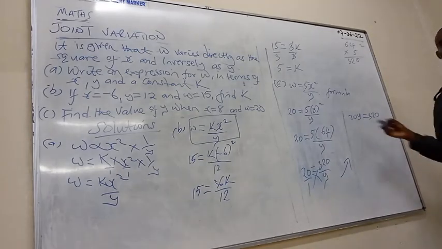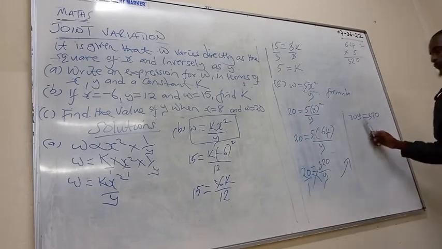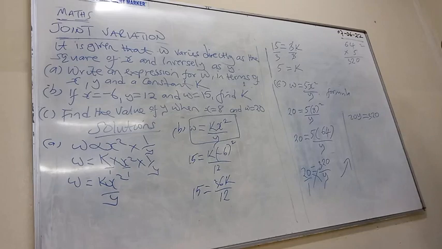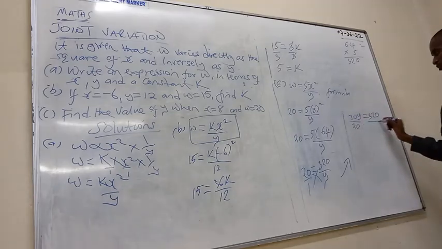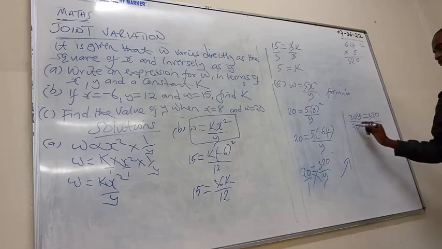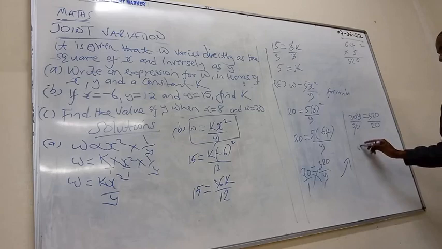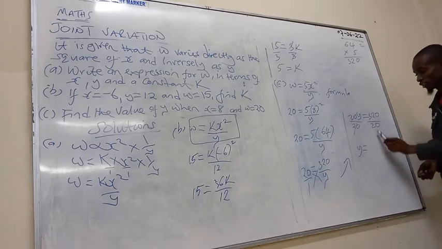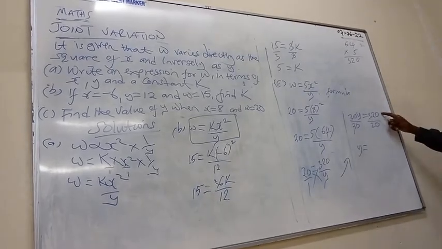Make y the subject of the formula. Make it remain alone. You divide both sides by 20. Cancel. This one goes just once. Now here, don't stress trying to divide the way it looks. It is very big.